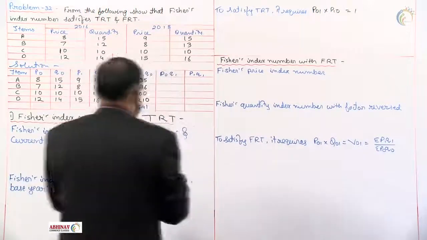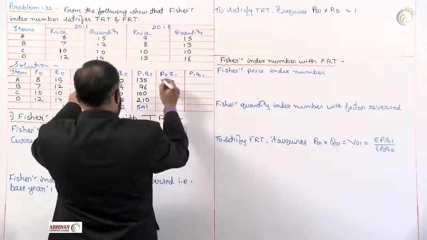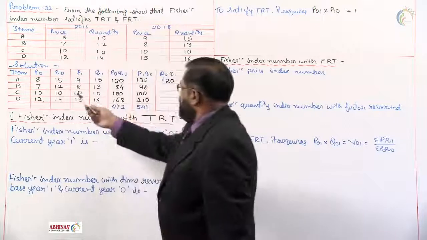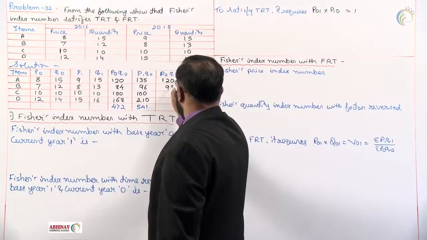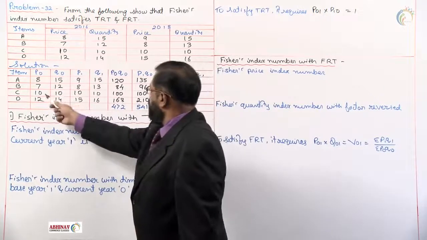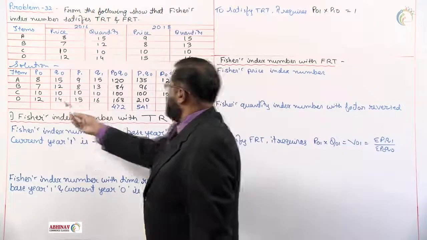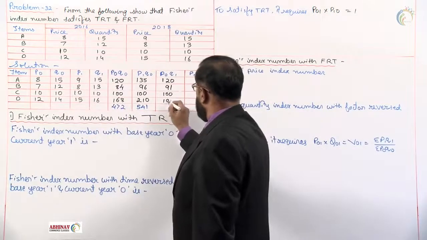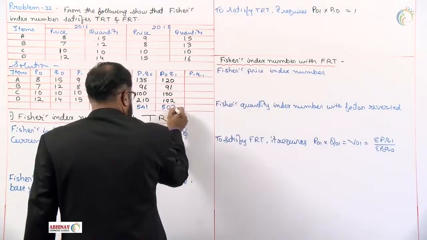541. Next, P0 Q1. P0 is 8, Q1 is 15, so the answer is 120. P0 7, Q1 13, 13 sevens are 91. P0 10, Q1 10, it's 100. Then 12 into 16, we get 192, and the total is 503.